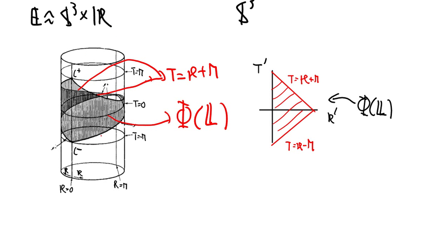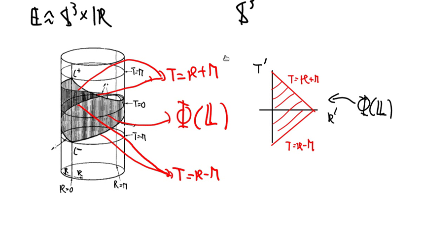I can only draw in 2 dimensions. I cannot draw in 3 dimensions. But I think that you will be able to figure out what I am saying. Okay. And then we have this vertical line which corresponds to this axis. Okay.